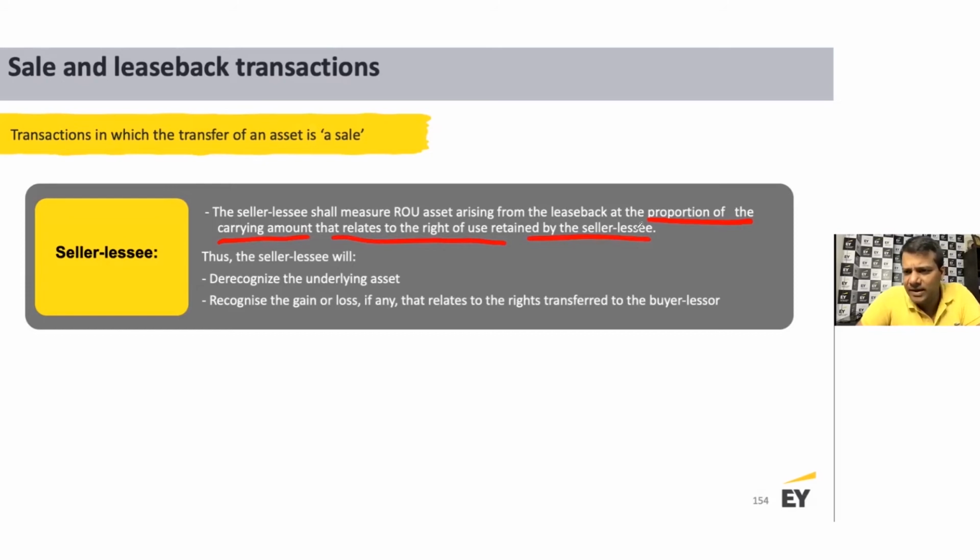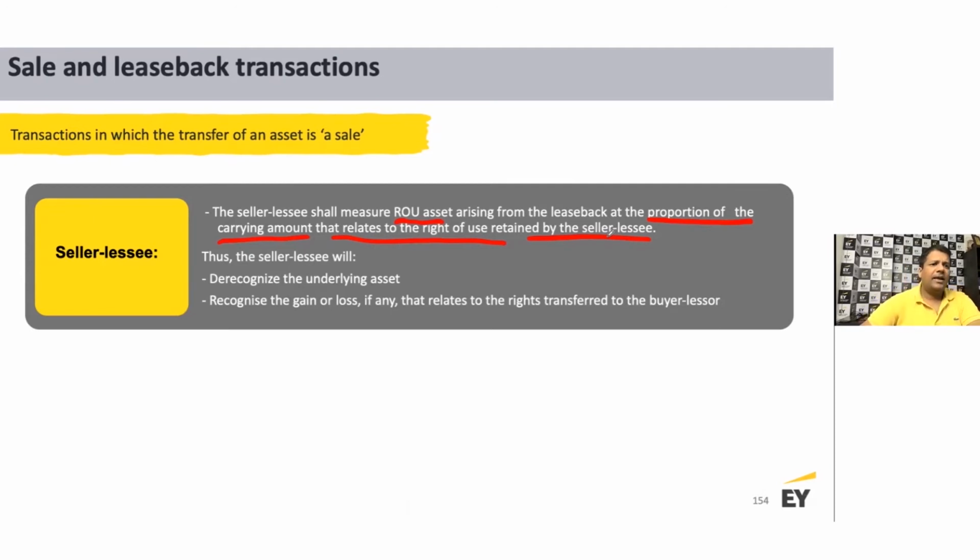I think this is where it is very, very important, and we will try and understand the computation philosophy with the help of examples. So the seller lessee shall measure the ROU asset, because I'm going to now record the ROU asset from the leaseback at the proportion of the carrying amount that relates to the right of use retained by the seller lessee.